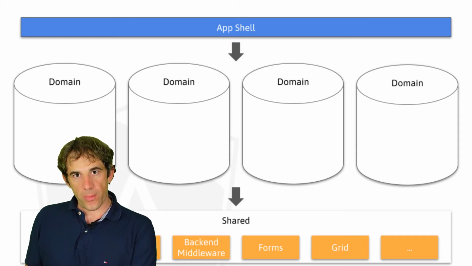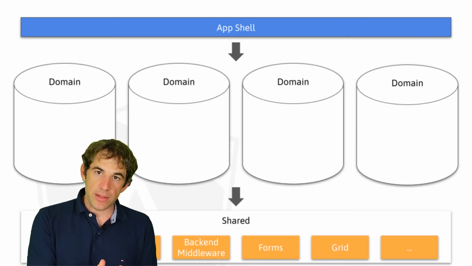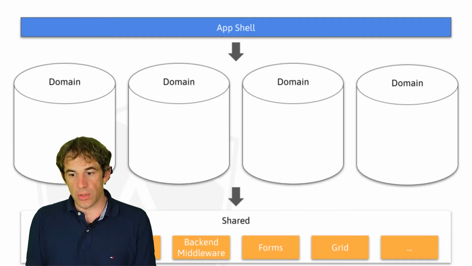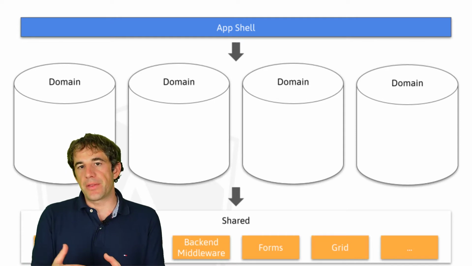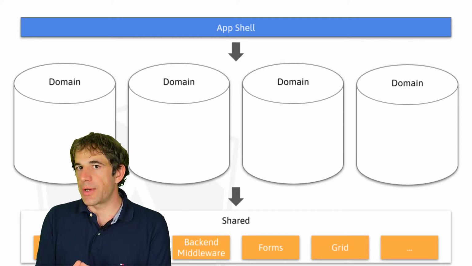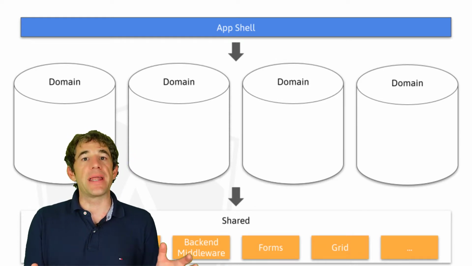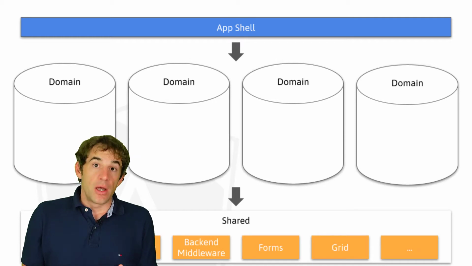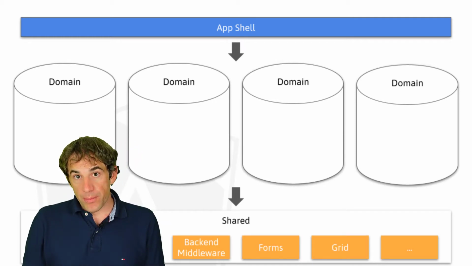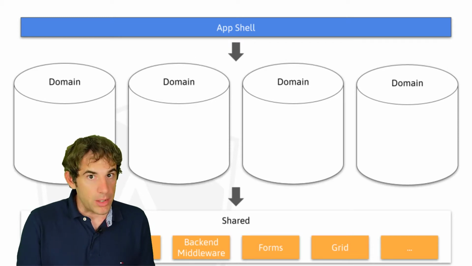This is where we are applying domain-driven design, and this should allow us to cut the application into module groups, so to say. And between these module groups, we want to have minimal dependency. Of course, it would be perfect if there were no dependencies at all, but we can't avoid that all the time. We also have a shared module group. That one contains functionality that will be used by all our domain modules.